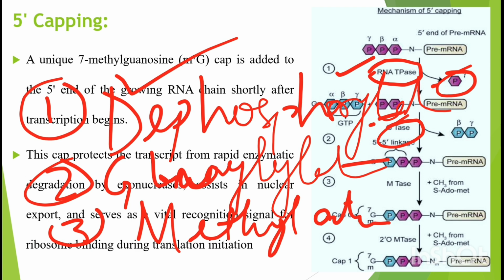Next step is methylation, which means addition of a methyl group. A methyl transferase enzyme adds a methyl group to the 7 position of the new guanine cap. In this way the 5' capping takes place on the newly formed mRNA.